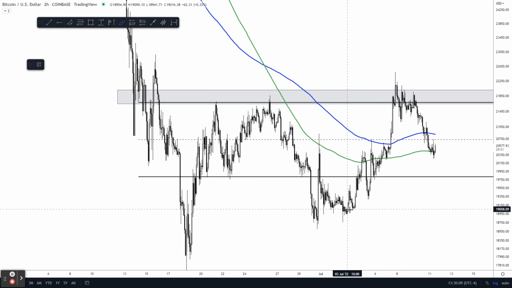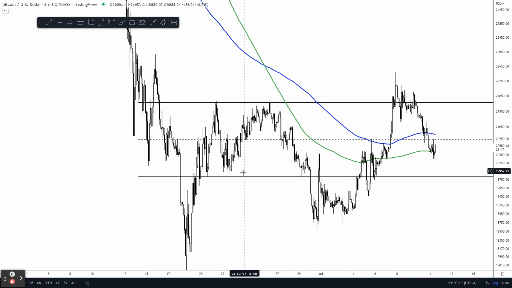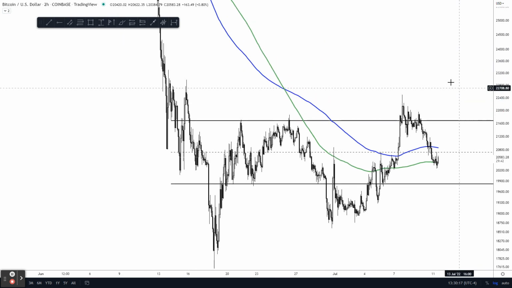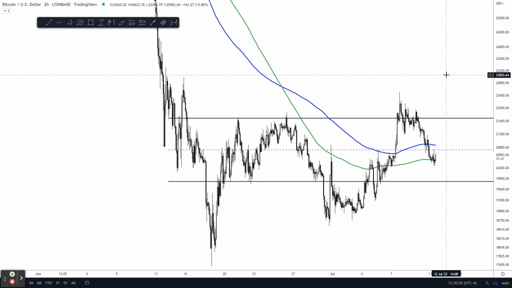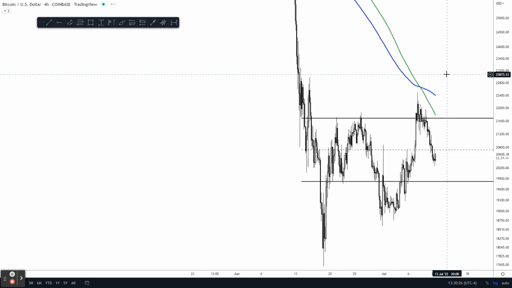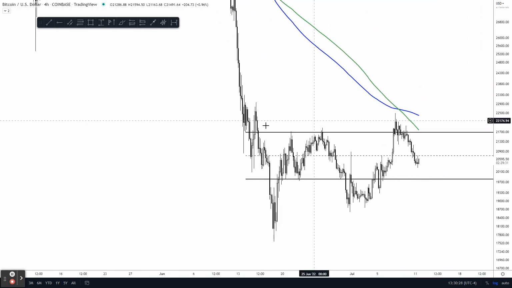Why are we using the 2 hour 200s on a lower time frame? Because although we love our 4 hour 200s, they're not actionable, right? Or really, I should say, they're irrelevant. Things can be irrelevant for one of two reasons, or maybe both. They're irrelevant because we're not trading anywhere near them, right?